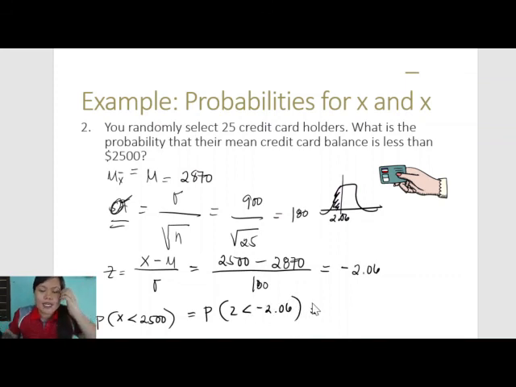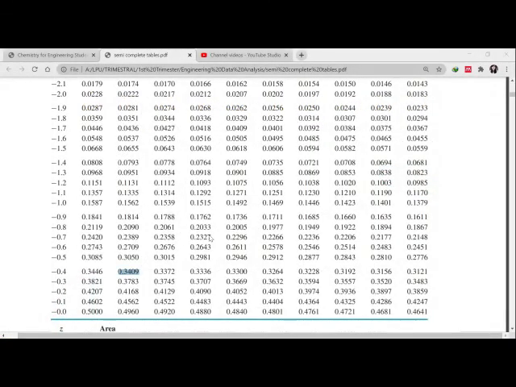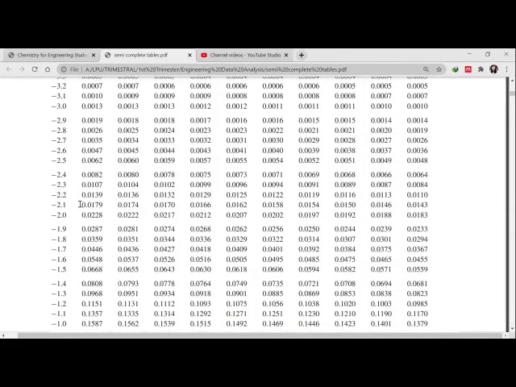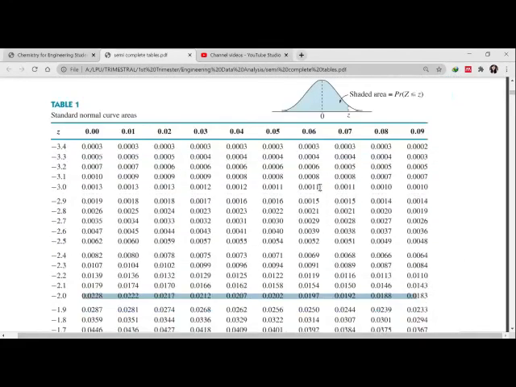So, hanapin na naman natin si negative 2.06 sa ating chart. 2.0, then 6.